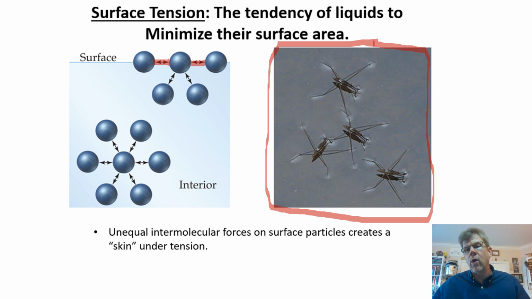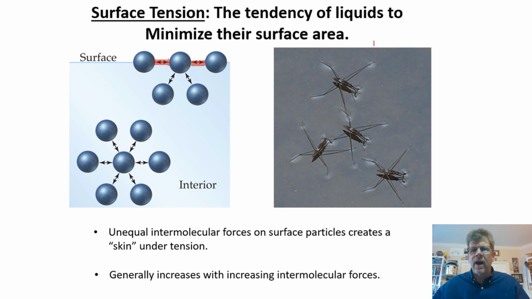If water didn't have a high surface tension, these little creatures would just go right through the surface and end up on the bottom. But luckily, that is not the case. Water has a high surface tension, and these water striders can stride across it.